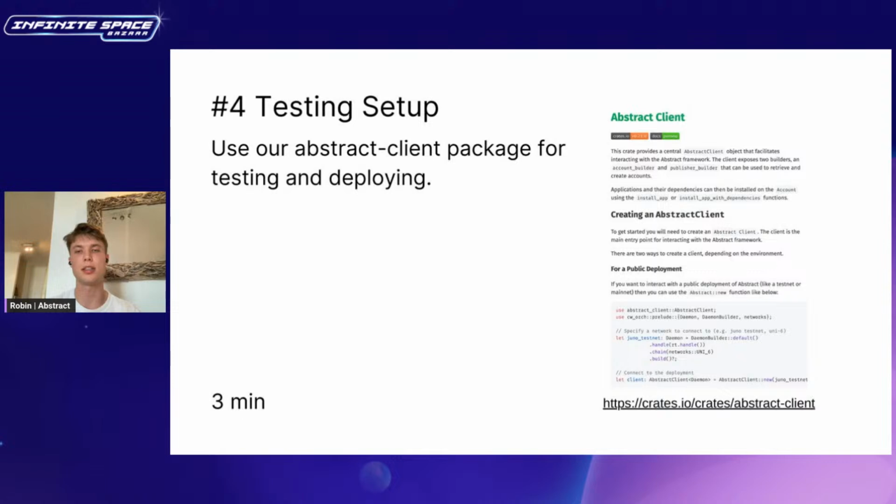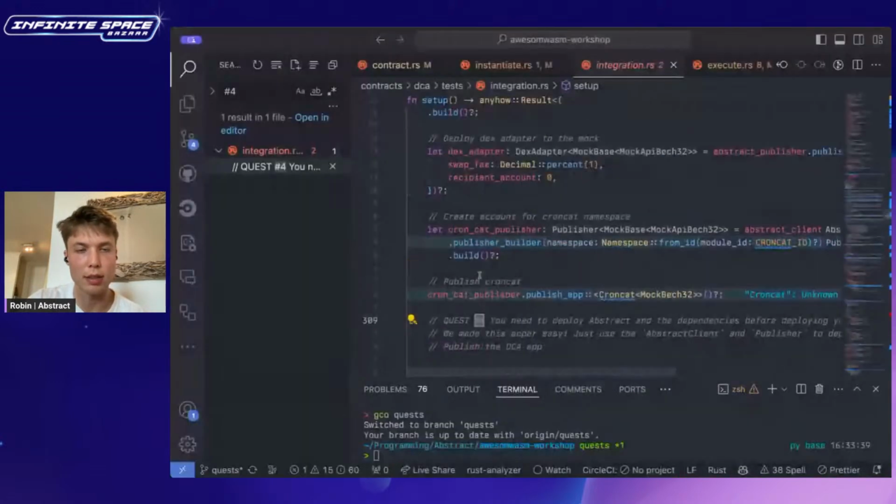Together with CW Orchestrator, you're able to write interactions with your smart contracts and your applications and execute them on different environments. So we have a little bit of documentation. If you look for abstract clients and crates, you will find that. But I will show you in the code right now how to do that.